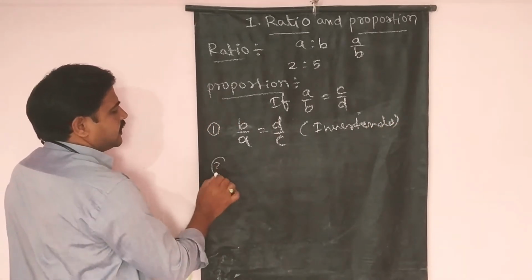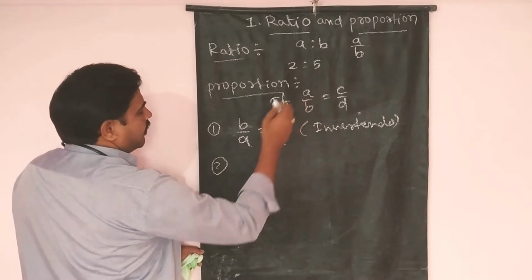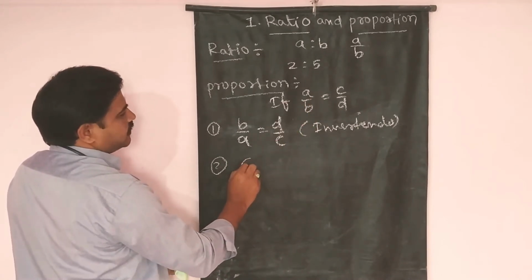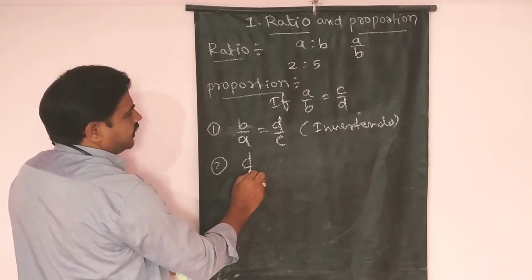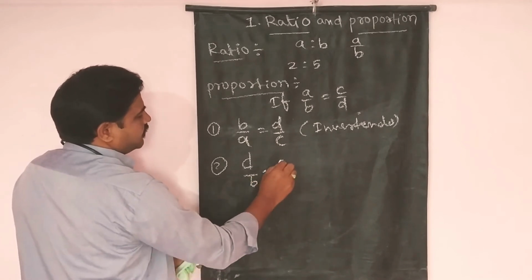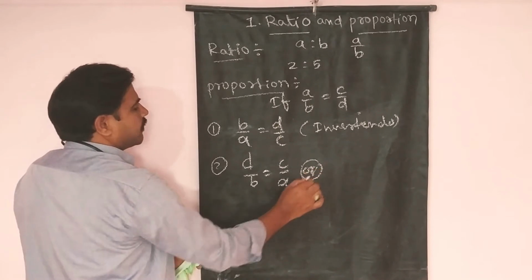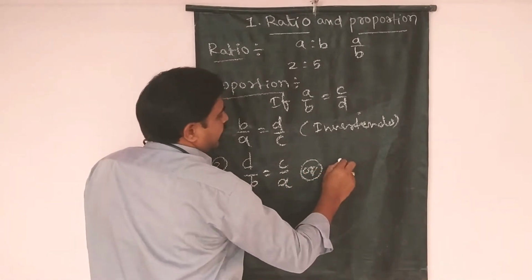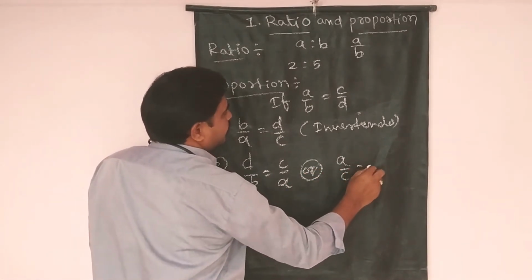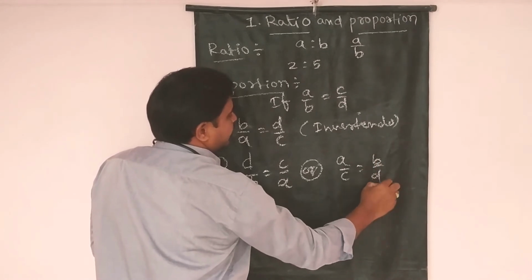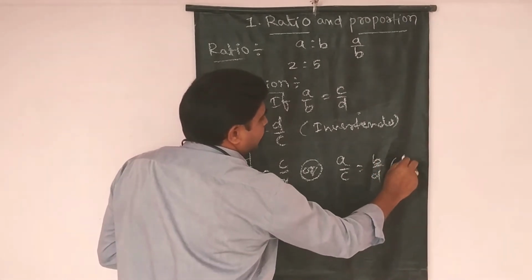And second, we have to apply the alternate also. D by B is equal to C by A, or we can write this alternate property as A by C is equal to B by D. This is called alternando.